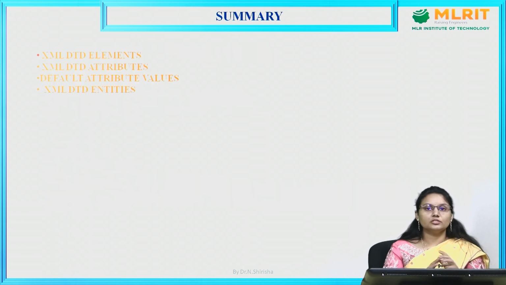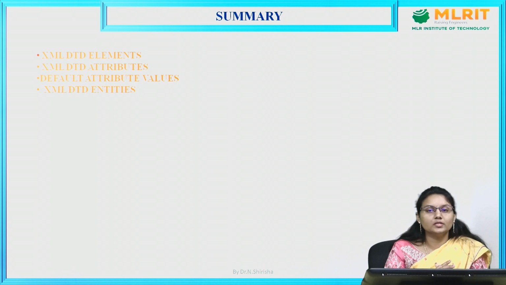So in this session we have discussed so far the DTD elements, the DTD attributes, and the entities. In the last session we discussed the building blocks. All the building blocks we have discussed somewhat in depth. By this time I think all the internal and external DTDs are clear for you. Thank you all.